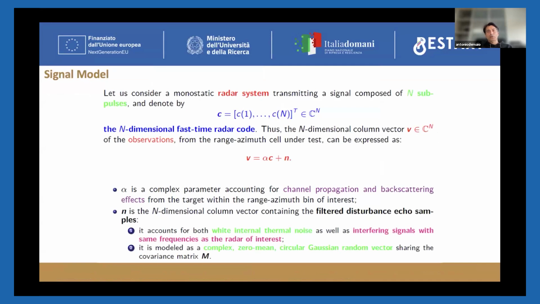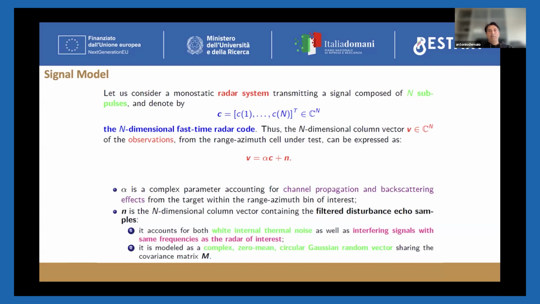Well, let us now start with the development of waveforms enabling radar operations in spectrally crowded environments. First of all, it is fundamental to formalize an appropriate system and signal model. In this respect, we consider a monostatic radar system, which transmits a signal composed of capital N subpulses, whose fast-time code vector is denoted by C. It is an N-dimensional complex vector.